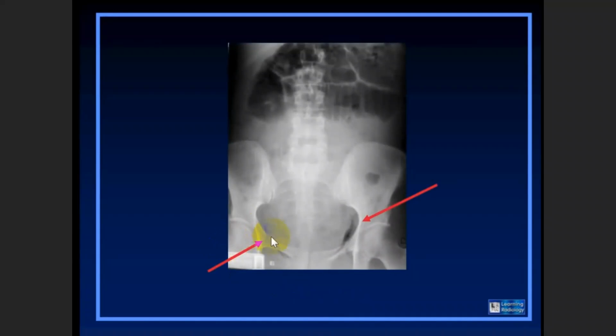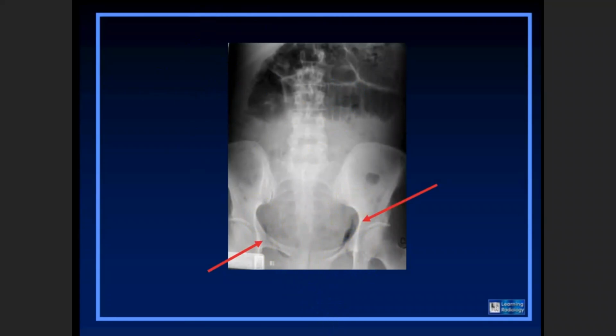this free air is in an extraperitoneal position due to bladder rupture. In cases of pelvic trauma or pelvic fracture, it can lead to rupture of the urinary bladder. There is no intraperitoneal air, but there is extraperitoneal air lining the pelvic muscles.